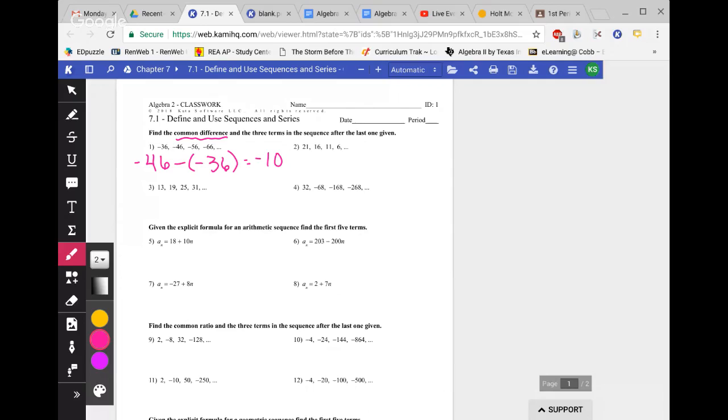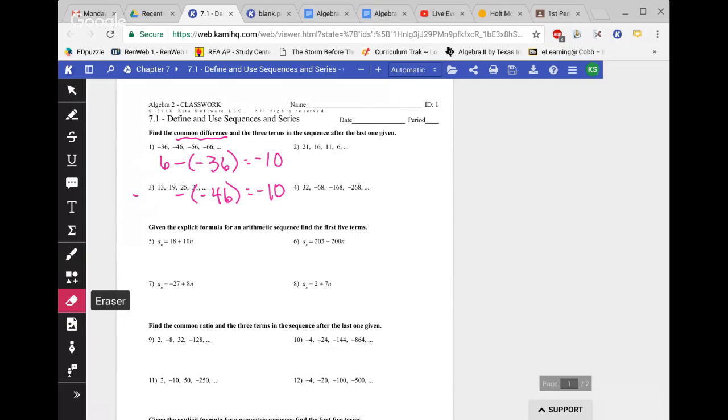A lot of times you'll want to confirm that it is in fact an arithmetic sequence, and you'd do the same thing by doing negative 56 minus negative 46, which gives you exactly negative 10. So the common difference for number 1 is negative 10.